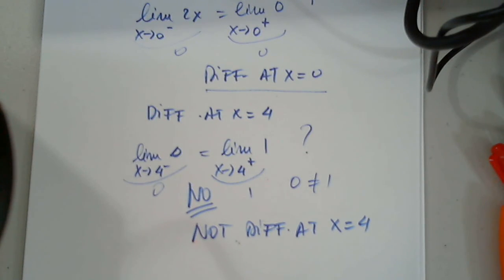Review for chapter 1 starts on page 181. And you have plenty of limits there. 181, 182, and 183.